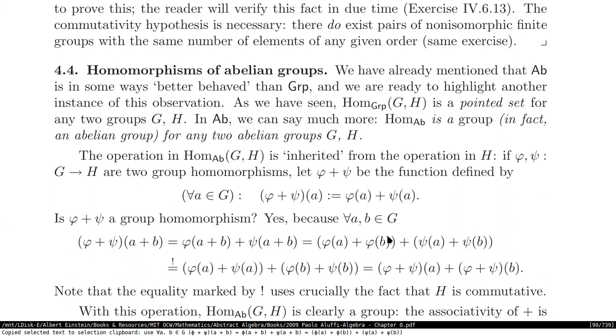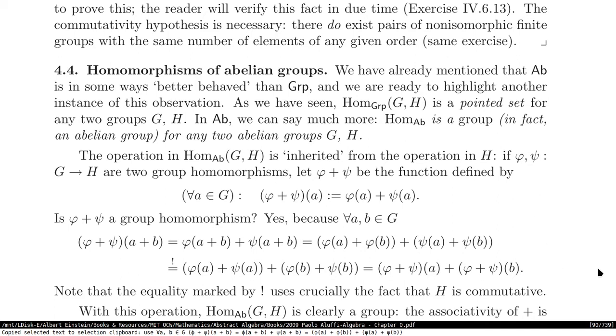If you open these parentheses, that will be phi of a plus phi of b plus psi of a plus psi of b. You can drag this here, and you'll have phi of a plus psi of a, and then put the parentheses, because whether you're taking the plus here with the psi or here doesn't matter because of the commutativity, and because it's a group operation, it's already associative.